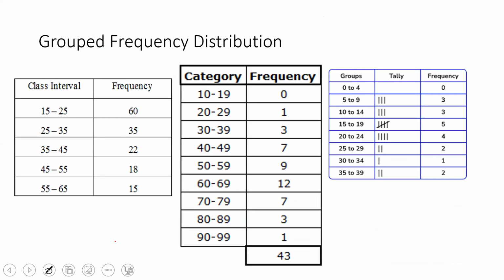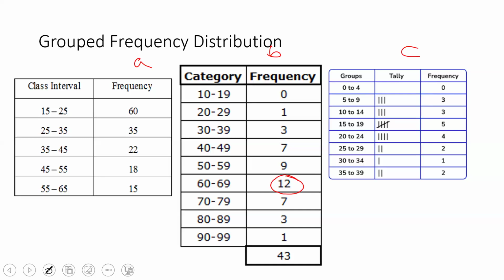We have already grouped the distribution, maybe 0 to 9, 10 to 19, 20 to 29, and so on. From table B, you can see clearly that those in the category 60 to 69 are more. Their frequency is higher, and there's nobody in 10 to 19.